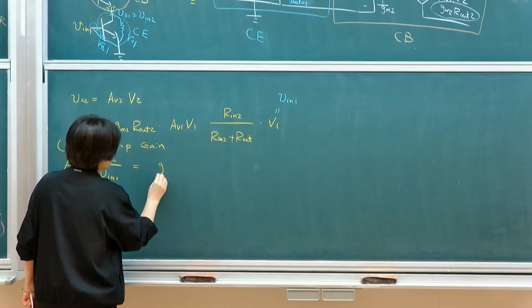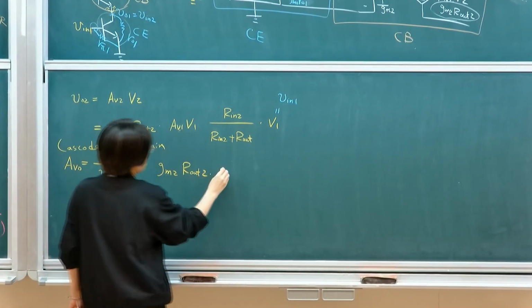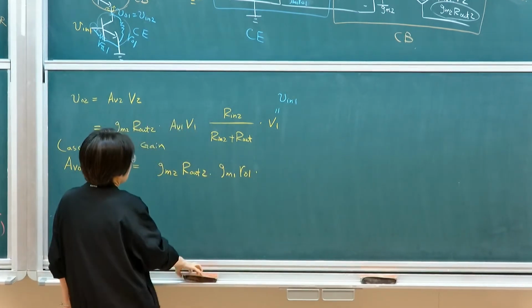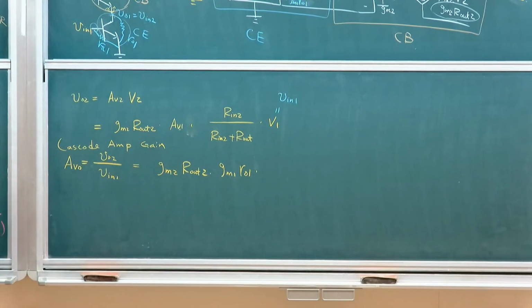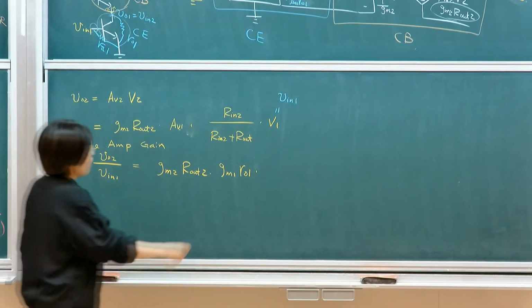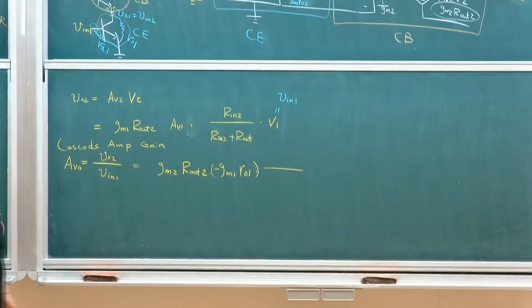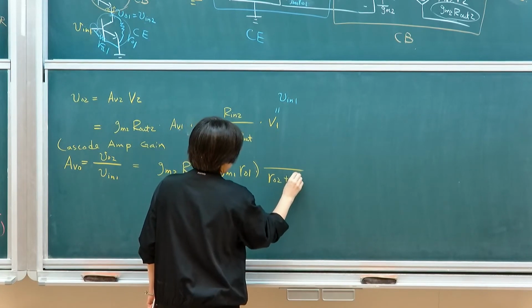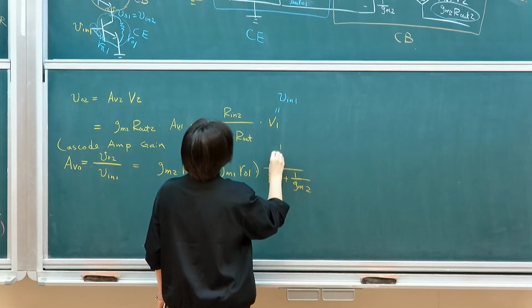So this will be gm2 RO2, and this is gm1 RO1 times, I'm having two V1s. So V1 is V in 1, right? It looks complicated, but we'll simplify it pretty soon. There's a minus sign because of inverting amplifier of common emitter. And then finally, this is RO2, 1 over gm2, 1 over gm.